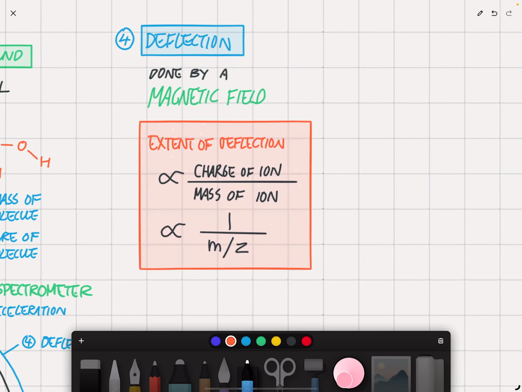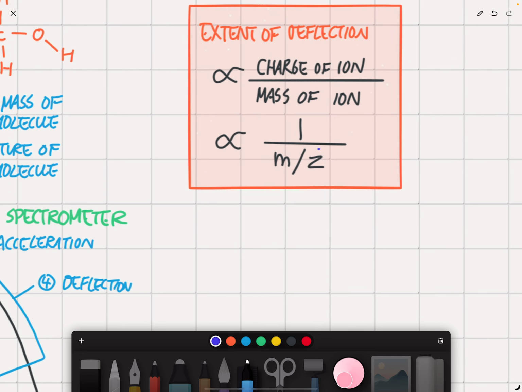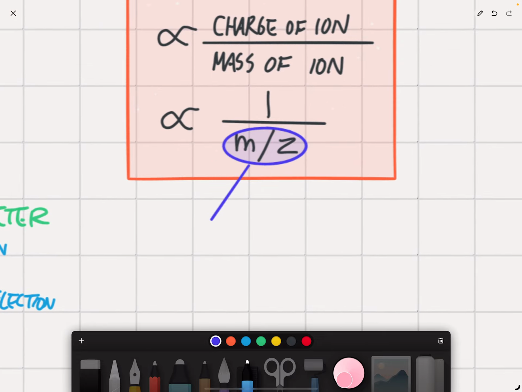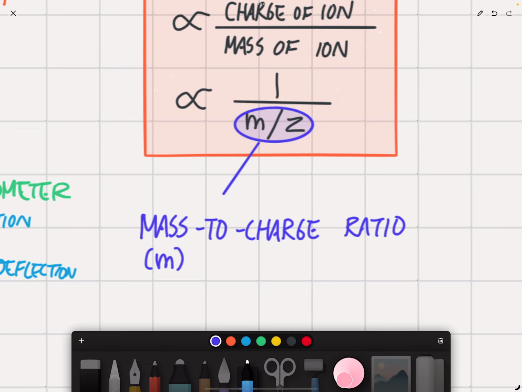And what does mass to charge ratio mean, and how do we calculate it? Mass to charge ratio, sometimes you will see it written as m/e. In this case, I'm writing it as m/z. You can write either depending on your liking. So m stands for mass, z stands for charge.